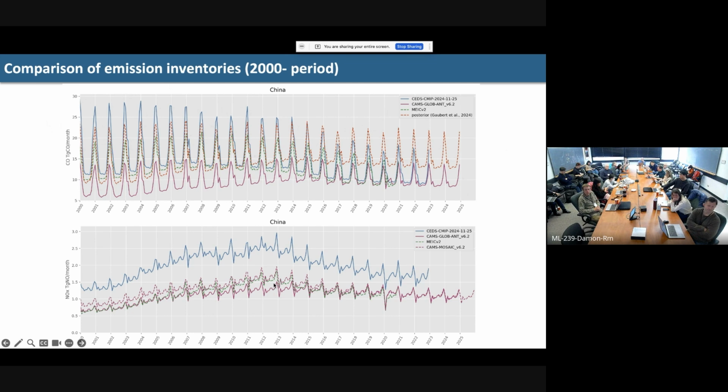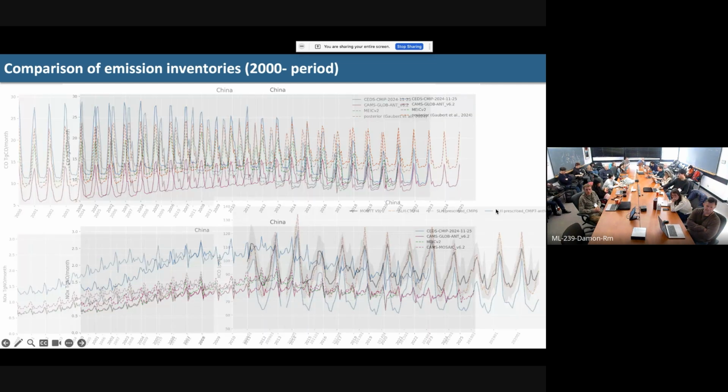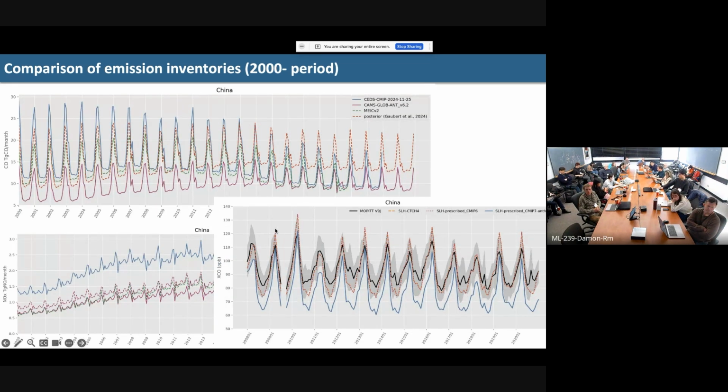And the same for NOx. Then the MOSAIC inventory that is scaled to the Chinese inventory is obviously on top of each other. But there's still an offset in the NOx emissions that should be investigated more. And when we look at CO emissions, we do pretty well because we used to underestimate the Chinese emissions quite a lot.